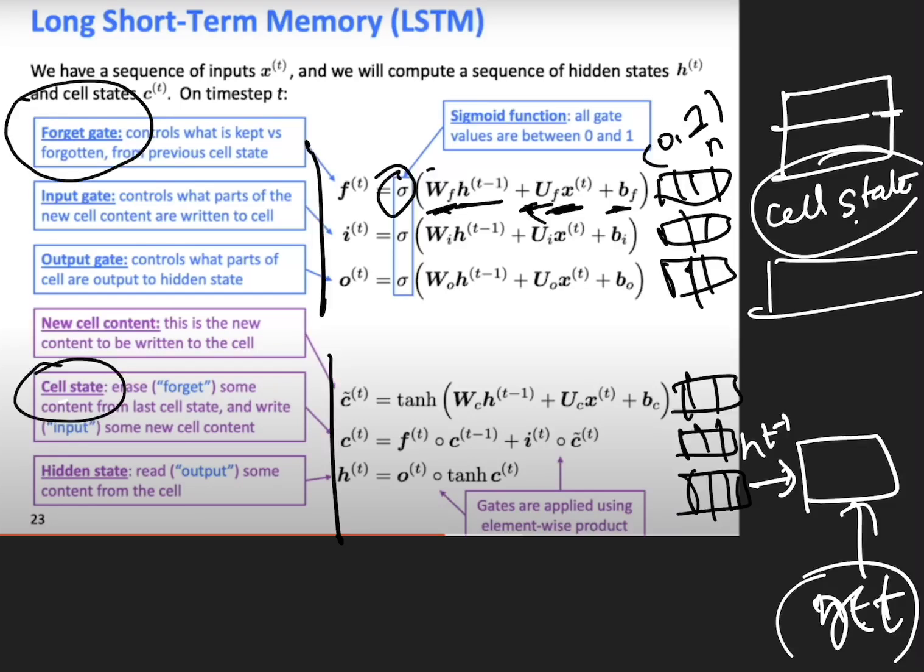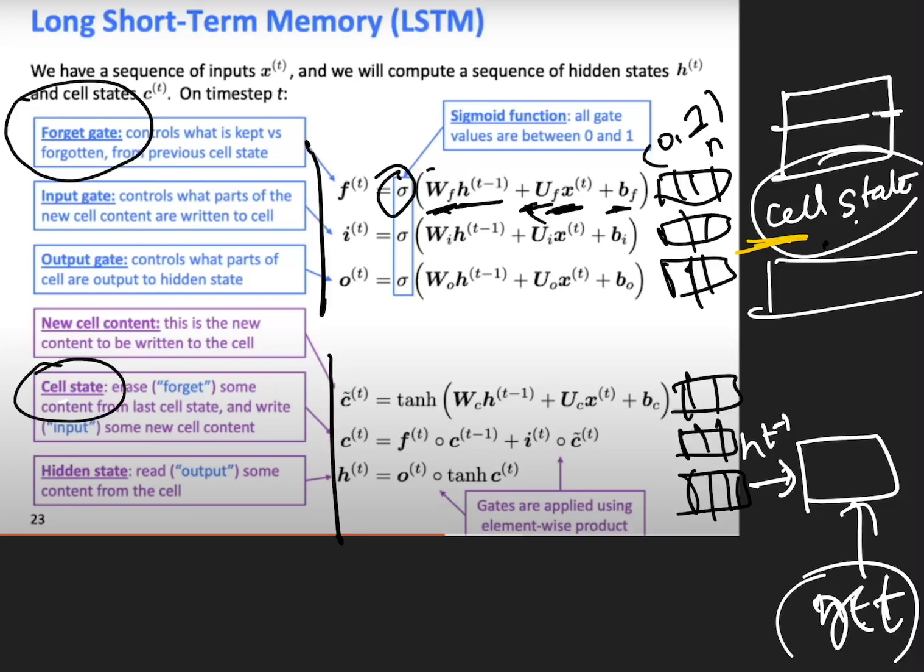So what does a forget gate do? What is the job of this guy? When we listen to this name, forget, it is the ability to forget something. So that is exactly what it does. As we said, cell state has some information, and it needs to forget some of it.